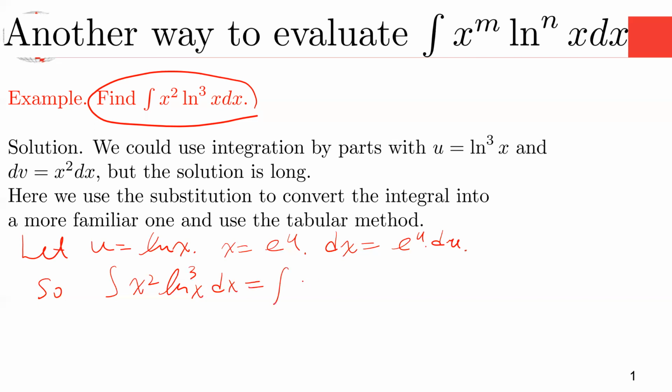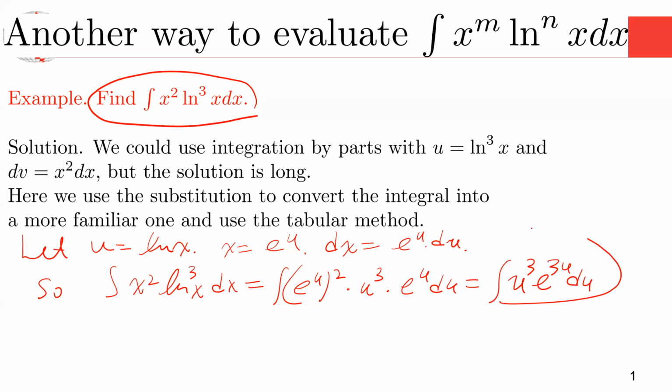So x squared becomes e to u squared, right? Log of x cubed becomes u cubed, and dx becomes e to u du. So the integral now becomes the integral of u cubed e to 3u du. So this is the integral of the product of a polynomial and e to 3u.